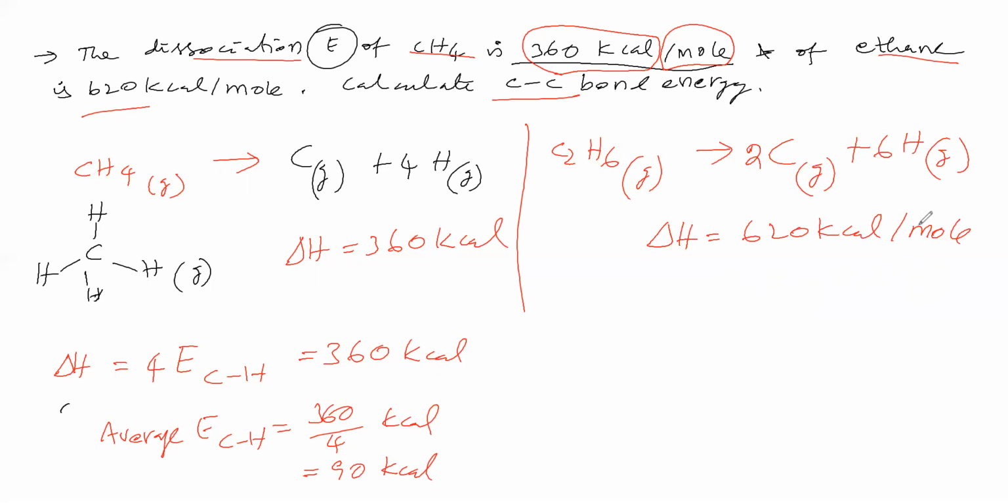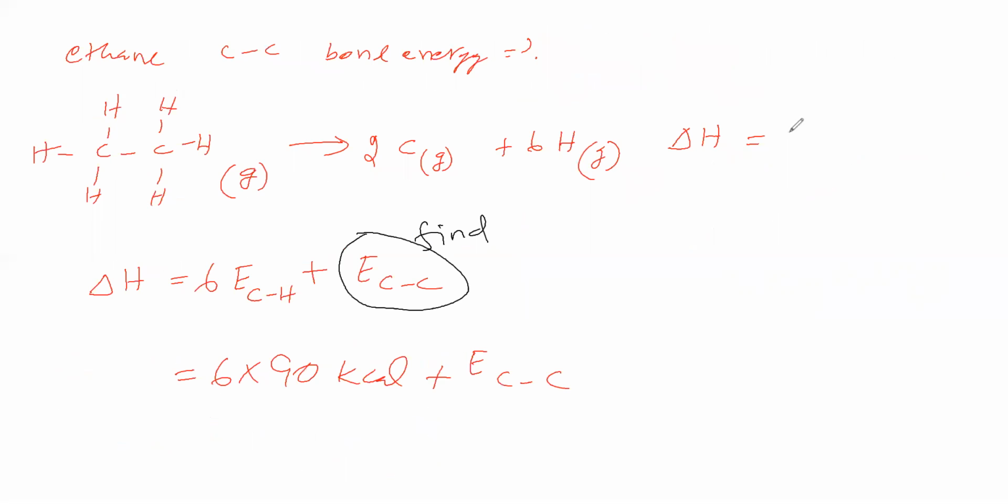So 1 mole of ethane on dissociation absorbs 620 kilocalories of heat. Now this process delta H and this process delta H are the same, therefore here also we will take 620 kilocalories.